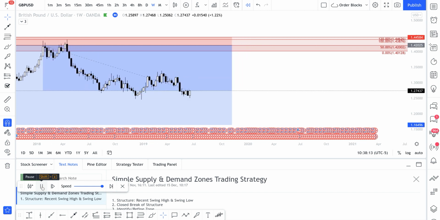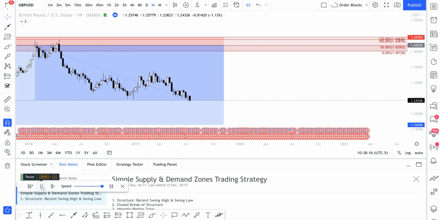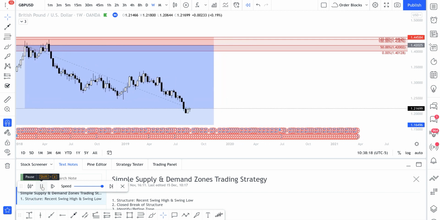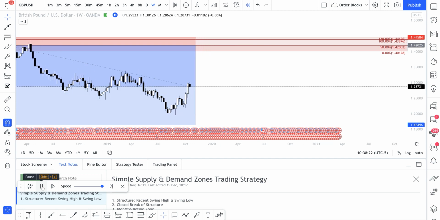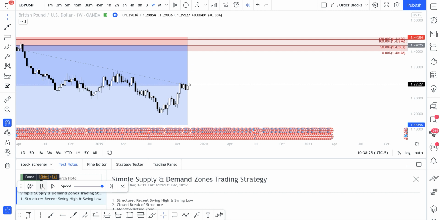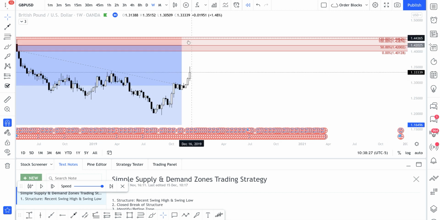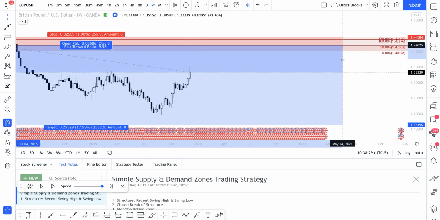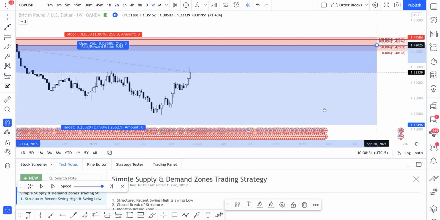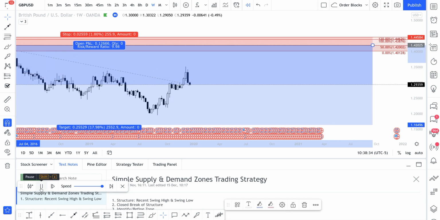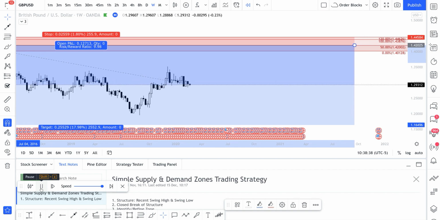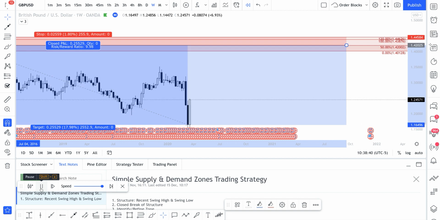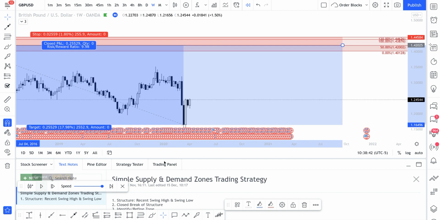Supply and demand is certainly powerful, and shout outs again to ICT for introducing the world to order blocks. I'm going to pause it. Slide this over. Let's play and watch this TP get hit. Bam. TP was hit. Why was TP hit, guys?